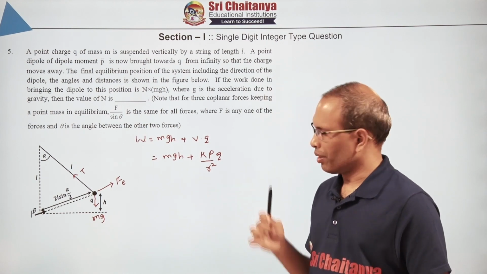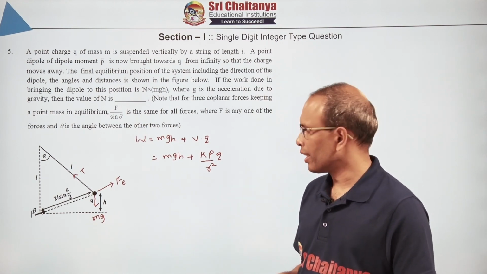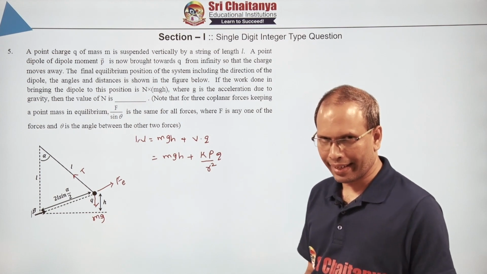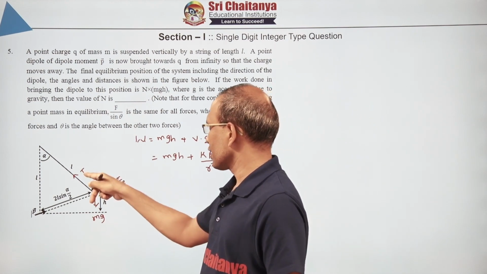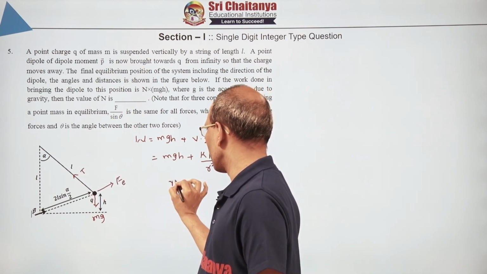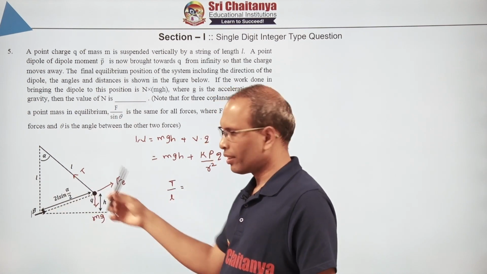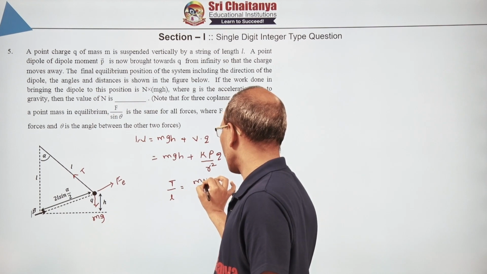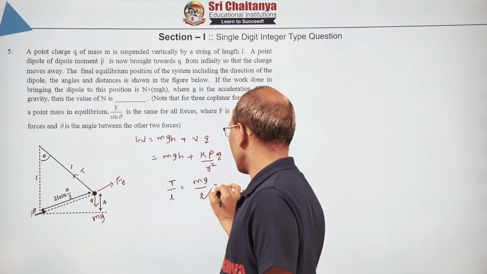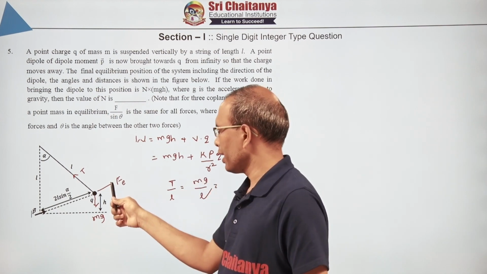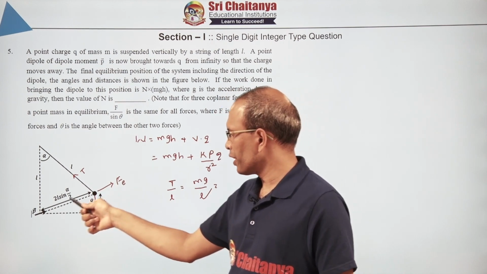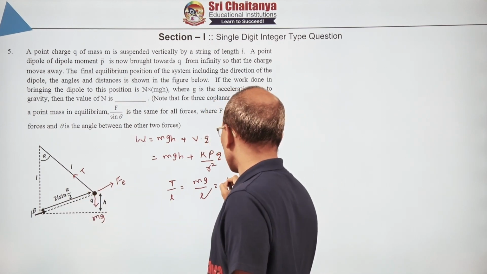Now if you apply the sine rule, the relation between these parameters can be written as T by L equal to mg by L, and Fe by this length.